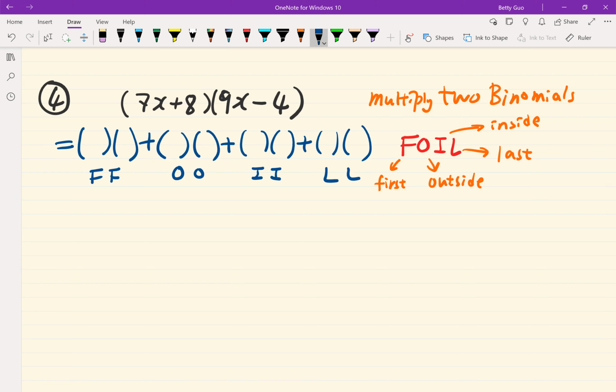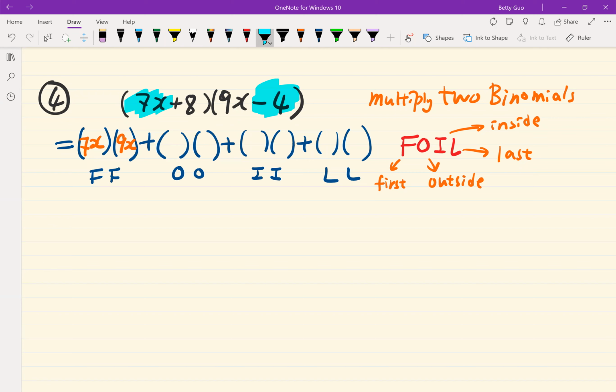So this is FOIL. What are the 2 first terms? I showed you earlier. First. Am I right? Okay, so you're going to put them here. First. Then outside.